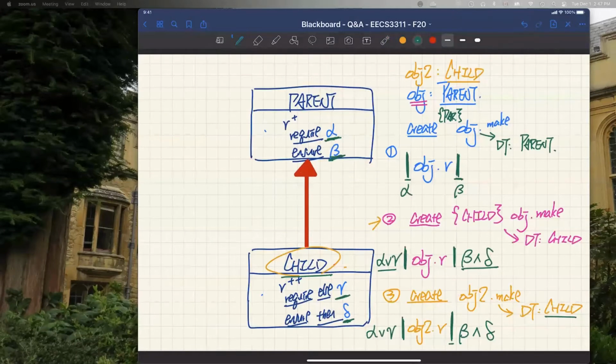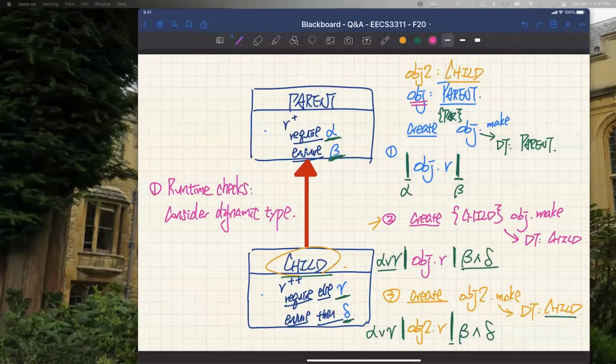So there are two aspects over here. Number one, when you talk about what's going to be checked at runtime, of course you have to consider the dynamic type, for sure.